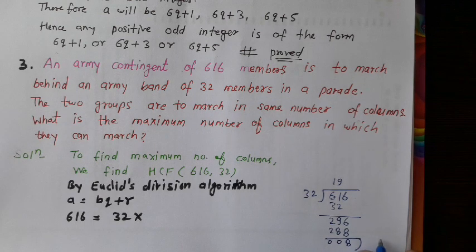Again you can divide 32 by 8. 8 times 4 is 32, it will be 0.